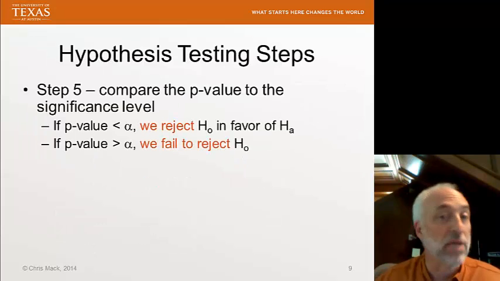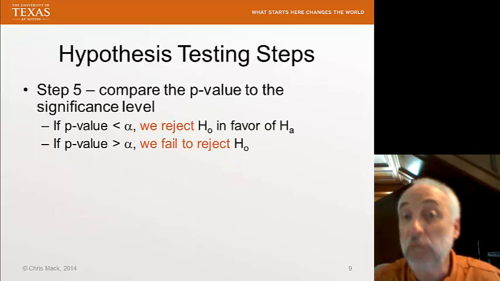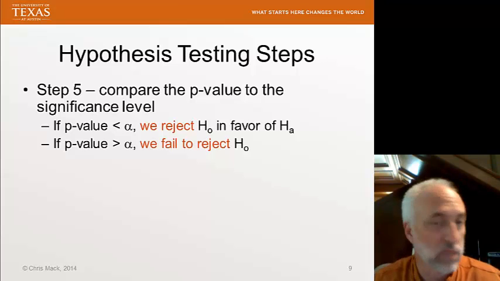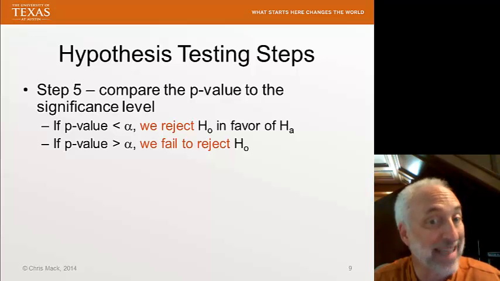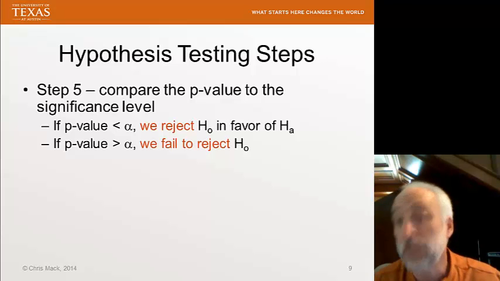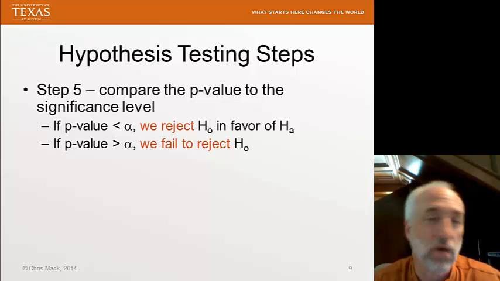Now, step 5. Compare the p-value to the significance level. If the p-value is less than the alpha that we determined ahead of time for this test, we reject the null hypothesis in favor of the alternative hypothesis that we have defined.